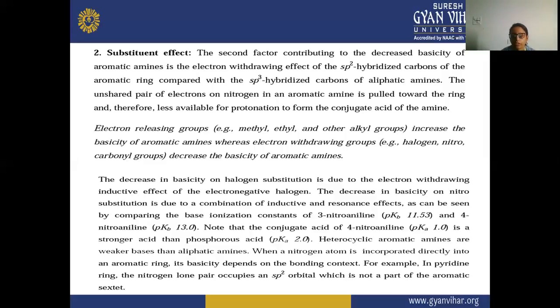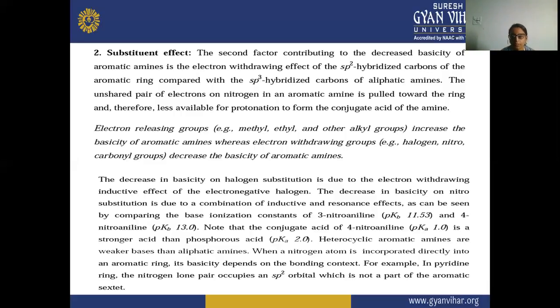Electron releasing groups, for example methyl, ethyl and other alkyl groups, increase the basicity of aromatic amines, whereas electron withdrawing groups decrease it. The decrease in basicity on halogen substitution is due to the electron withdrawing inductive effect of the electronegative halogen.